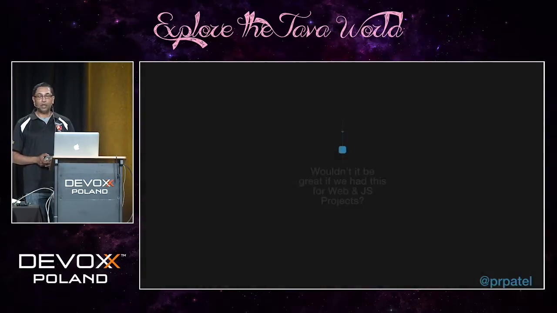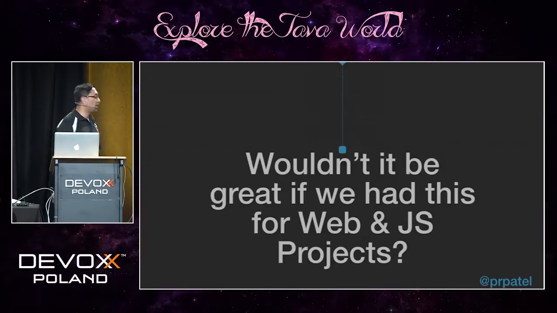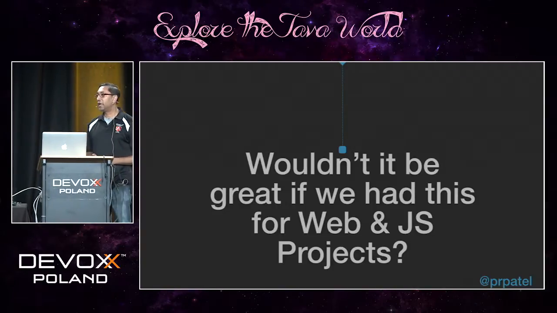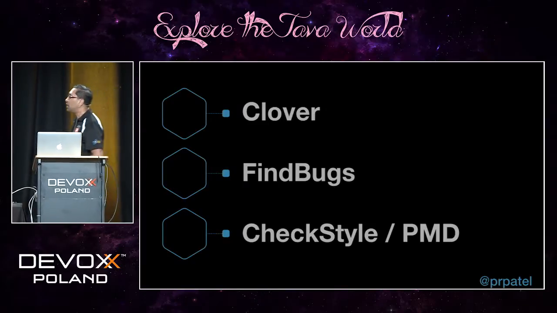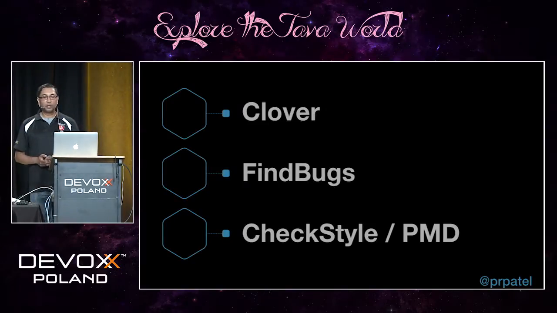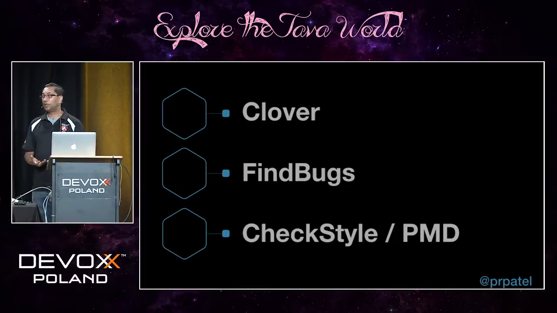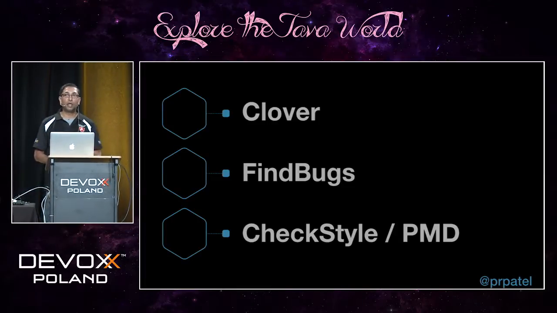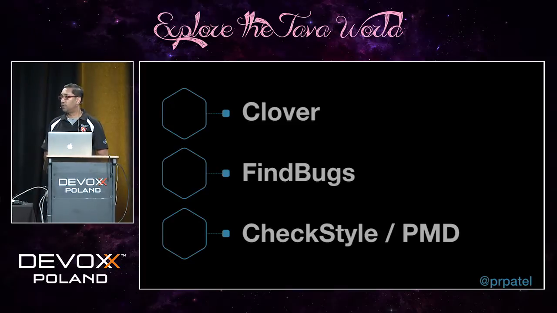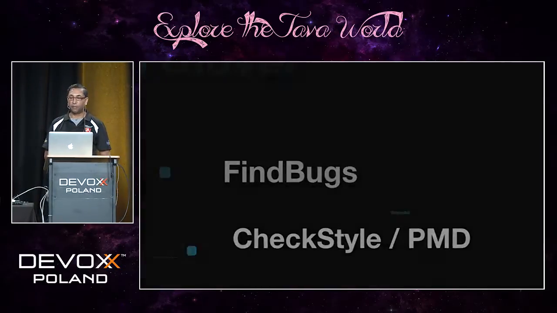When we think about web and JavaScript projects, what is it that we need to use to be able to attain these same kinds of things? So, we use Clover for code coverage, Checkstyle to make sure that we write code in the proper idiomatic style, and then we use something like Find Bugs and PMD to do static analysis of the code to ensure that it's of high quality.